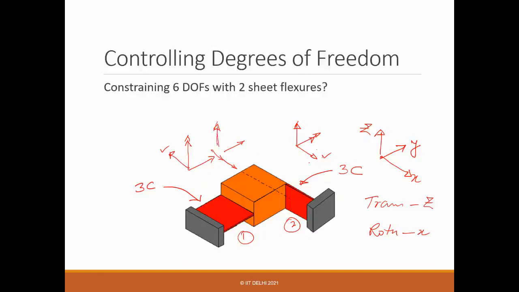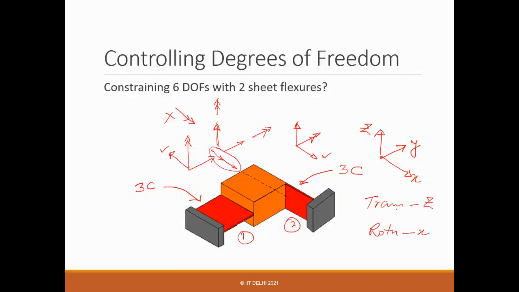What about the rotation? X rotation, I don't see any, right? Either one or two is not constrained. So actually the rotation is not constrained along X. Y is constrained once. Z is constrained once. So what do we find here? That the rotation is constrained twice, translation along X is constrained twice, and it appears that the rotation along X in the same direction is not constrained at all.